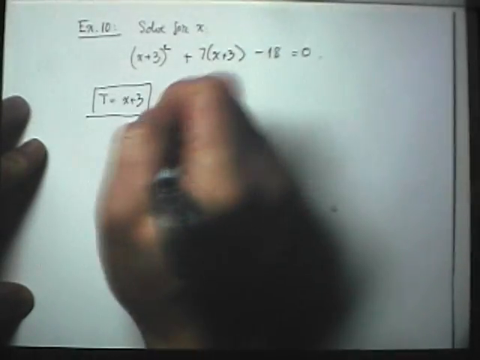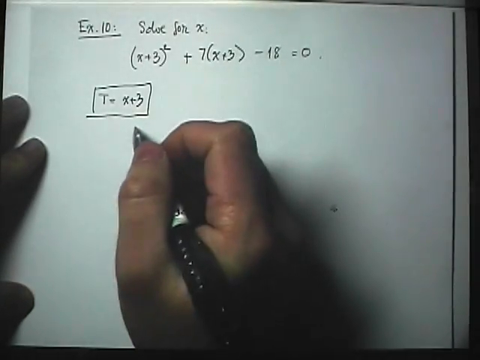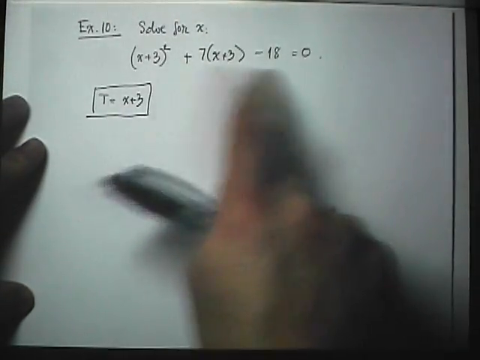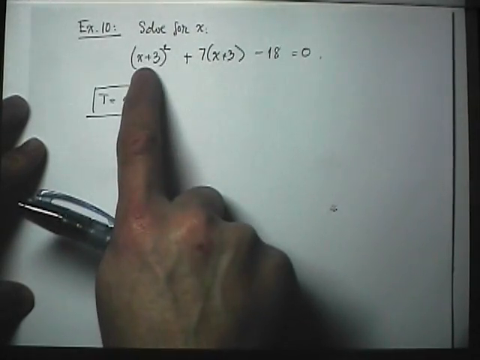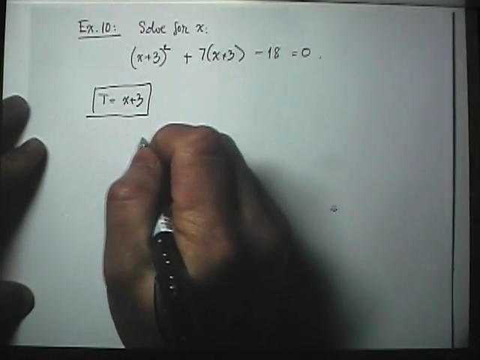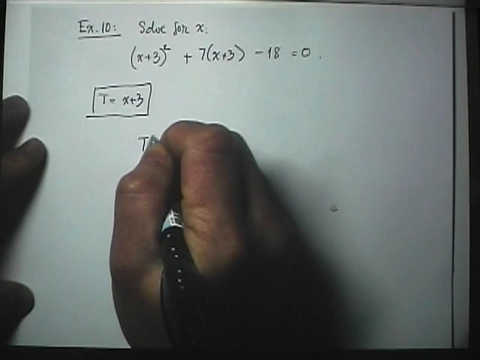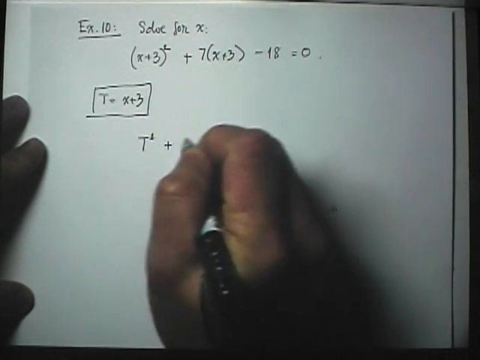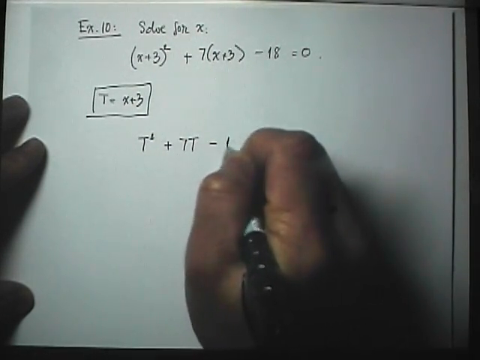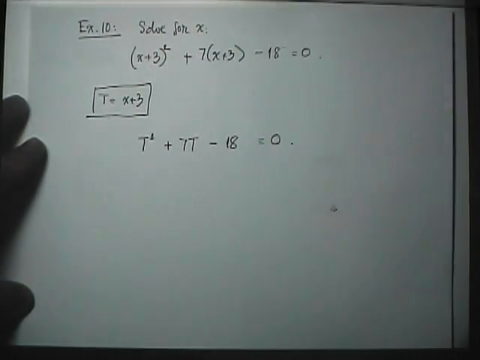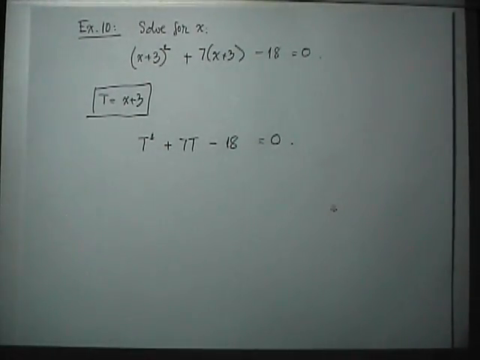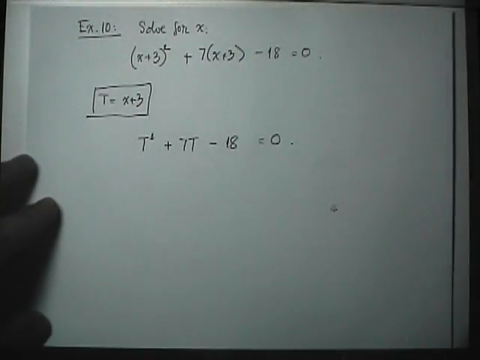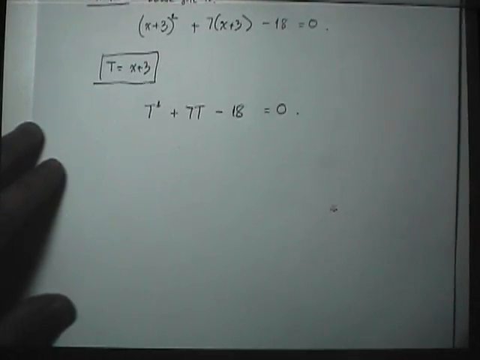So now, here's my substitution point. That means when I look back into my equation, anywhere I'm seeing an x plus 3, I'm going to replace that by a t. So the first term becomes t squared, the second term is plus 7t, the last term is minus 18 equals 0. And that's how we turn our first equation into a quadratic equation in terms of t.